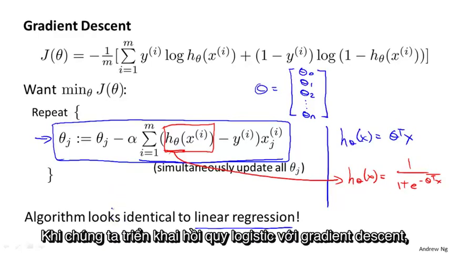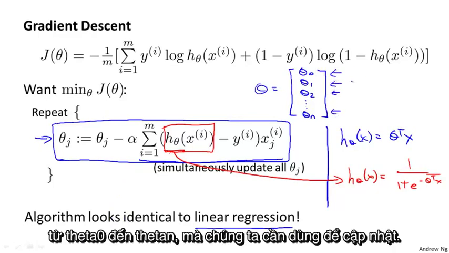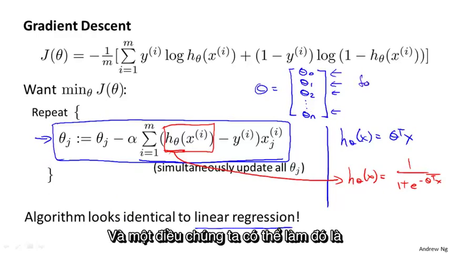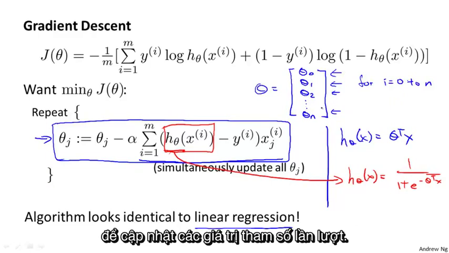When implementing logistic regression with gradient descent, we have all of these different parameter values, theta 0 down to theta n, that we need to update using this expression. One thing we could do is have a for loop, so for i equals 0 to n, or for i equals 1 to n plus 1, to update each of these parameter values in turn.